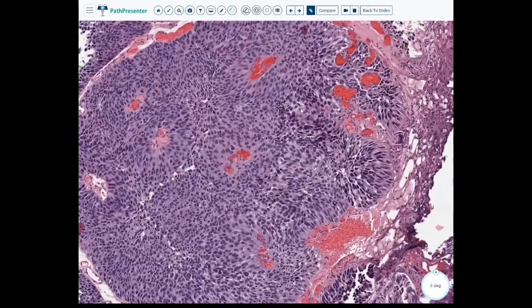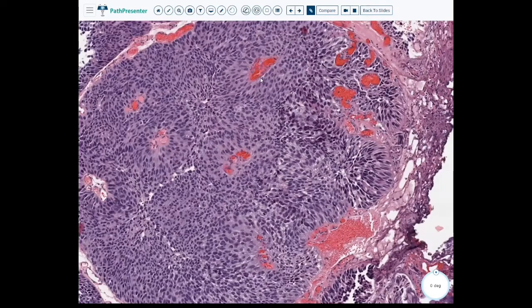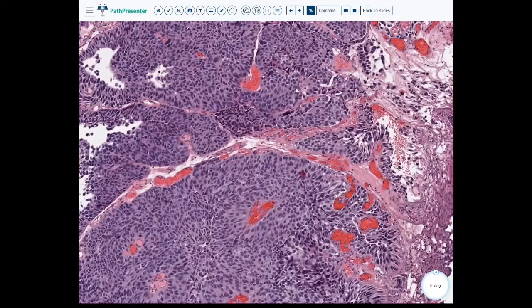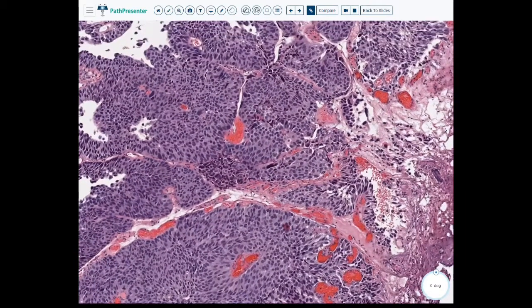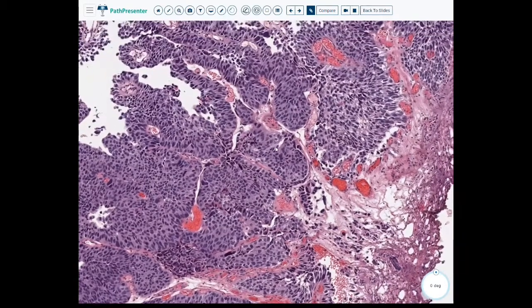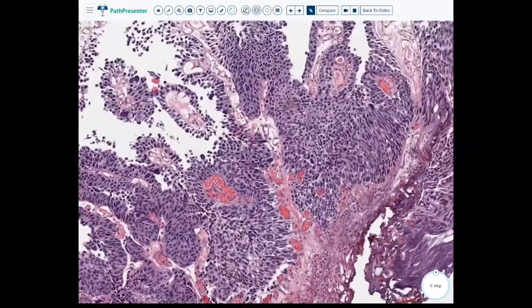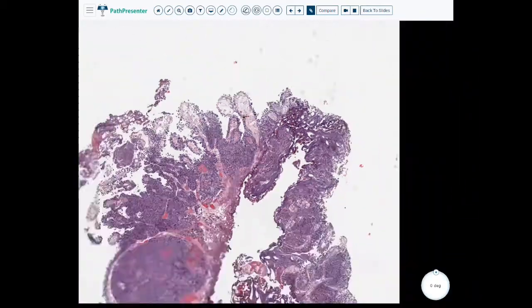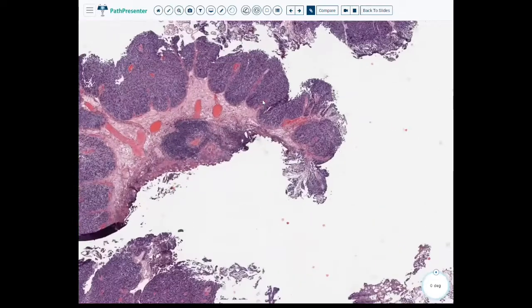This looks more like cautery here. And one of the things that can help you with urothelial neoplasms is that in situ components tend to have a lot of capillaries and vessels right at the base of these nests. And that is a clue that what you're looking at is not invasive.